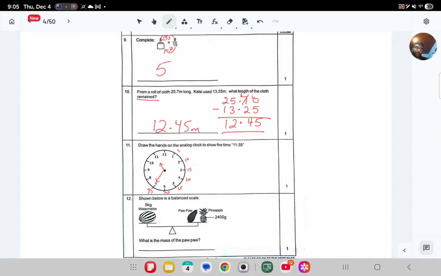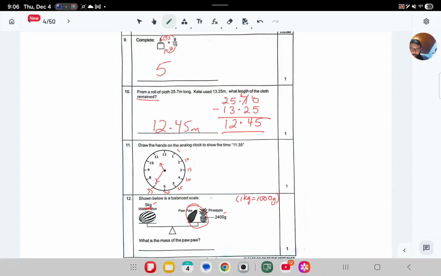Number 12, shown below, is a balanced scale. This means that both sides weigh the same. They are equal. What is the mass of the pawpaw? So we know when you add the pawpaw and the pineapple, you get a total weight of 5 kilograms. We have kilograms and grams, and 1 kilogram is equal to 1,000 grams.